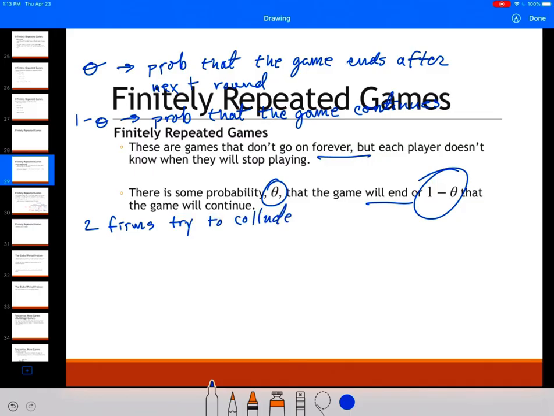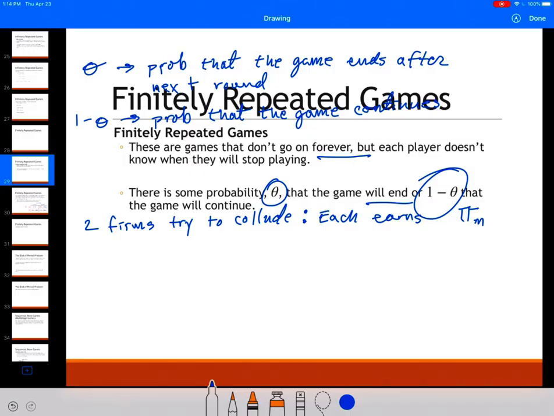And that is they each try to earn monopoly profits. We'll just do pi m to indicate monopoly profits, okay?